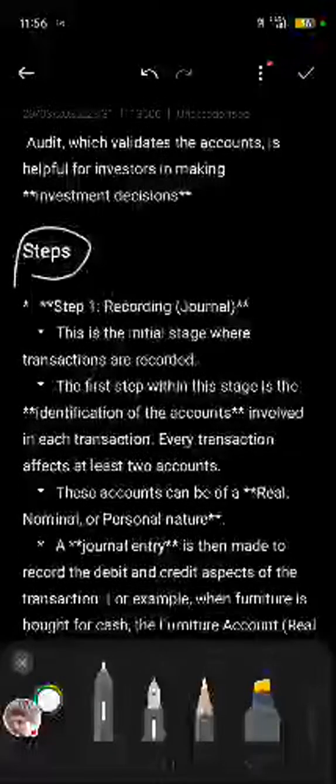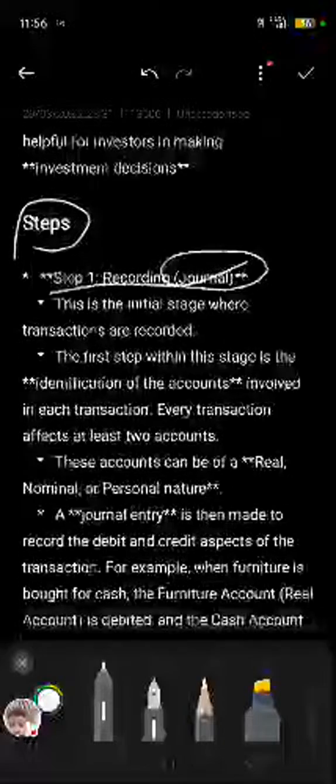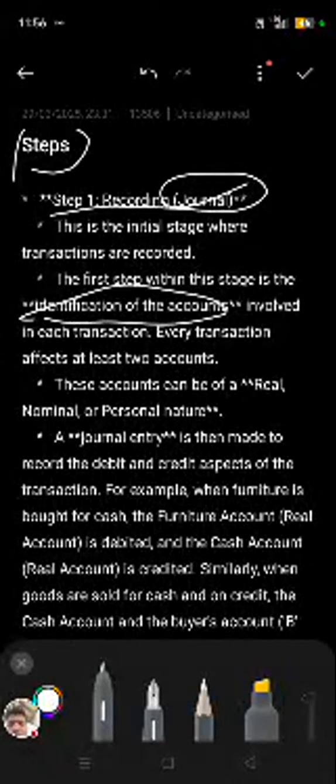We can now say the steps in the system. The first stage is recording, or the journal. It is the initial stage where transactions are recorded. The first step within this stage is the identification of accounts involved in each transaction. Every transaction affects at least two accounts.